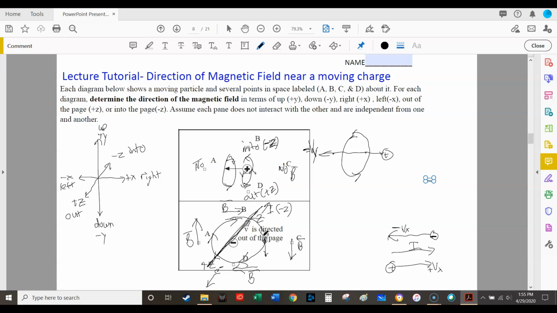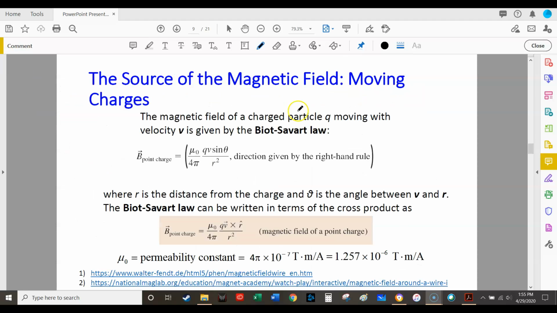So that's how you use the right-hand rule to determine the direction of the magnetic fields around positive and negative particles, but also in different directions too. So I wanted to give you a nice little practice to test that. That brings us to the Biot-Savart law.